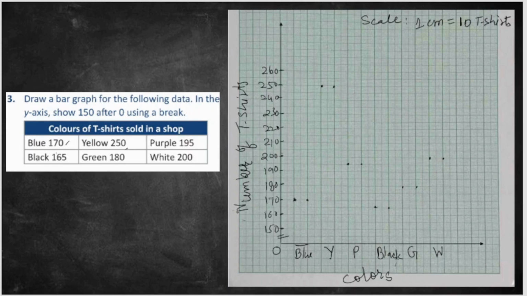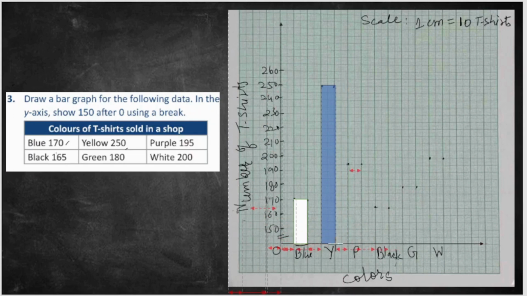Okay, so now next step is to draw a rectangle or draw the bars. Okay, so let's draw. Yes, now next is here 250 for yellow.